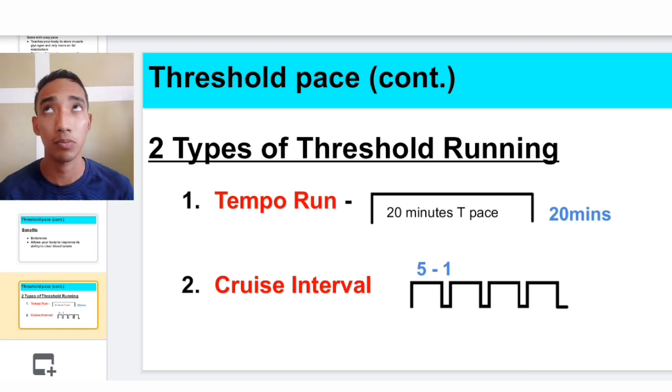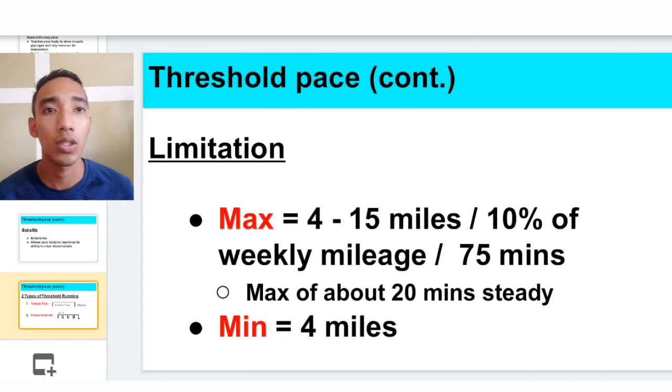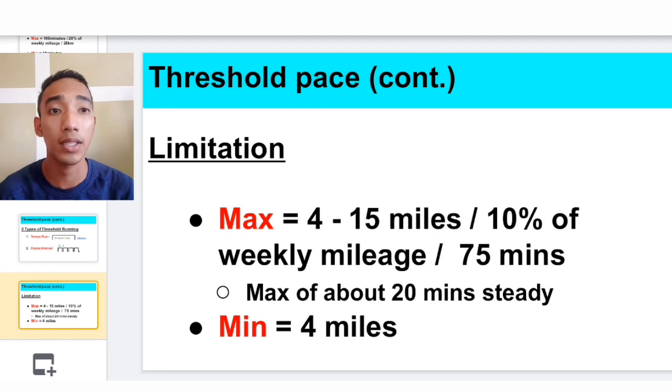Let's say for example you are running 5 to 6 work bouts at threshold pace, and you only have a 1 minute recovery. Another one is a 5 minute workout, 5 minutes run with 1 minute rest. That is a cruise interval. Each of them has its own benefit too. So for threshold pace, I limit it to 4 miles as its minimum. So you can have a workout of 4 times 1 mile.